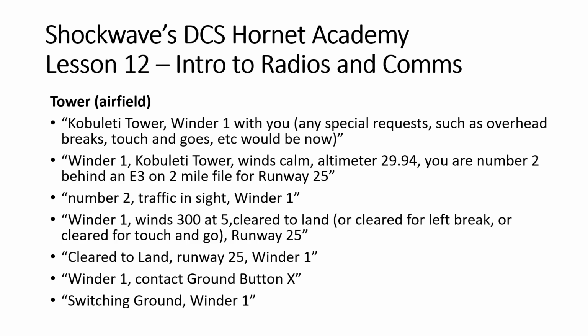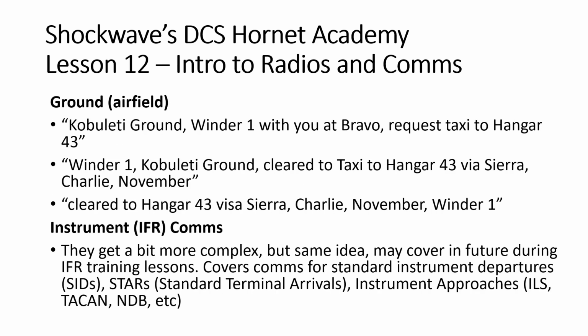And at some point, the tower would say "Winder 1, winds 300 at 5, clear to land." Or they might say "clear for left break" or "clear for touch and go, runway 25." And then you'd repeat it, and eventually after you land and get off on a taxiway, tower will tell you to contact ground.